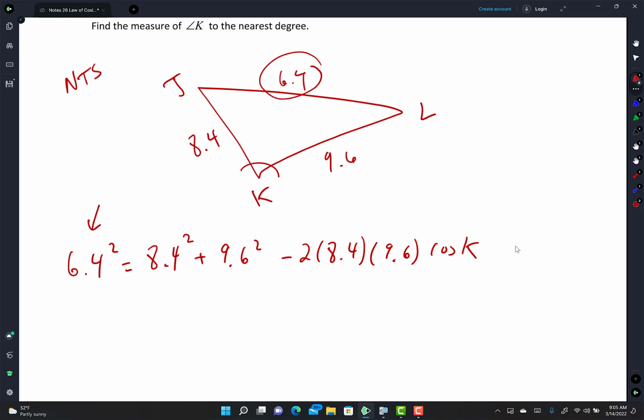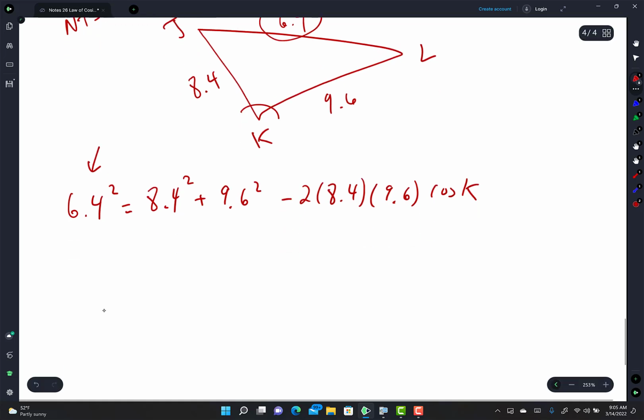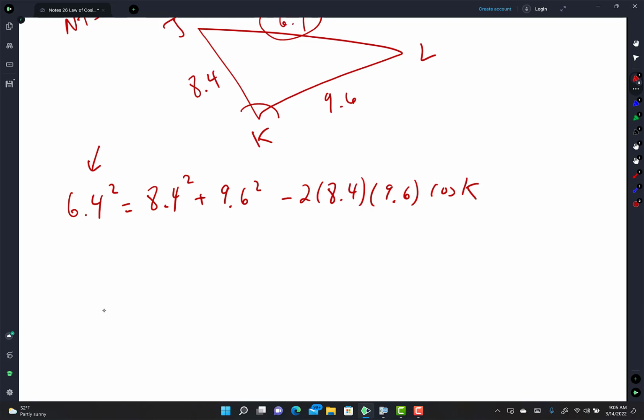So you're going to need your calculator now. So someone tell me what 6.4 squared is, guys. What is it? 40.96. Perfect. Okay, I couldn't hear you. What's 8.4 squared? 70.56.